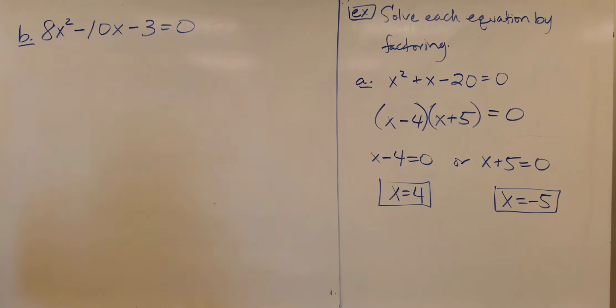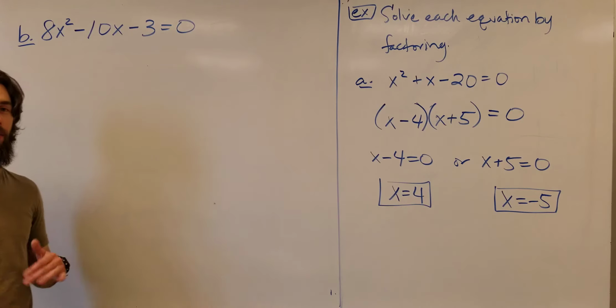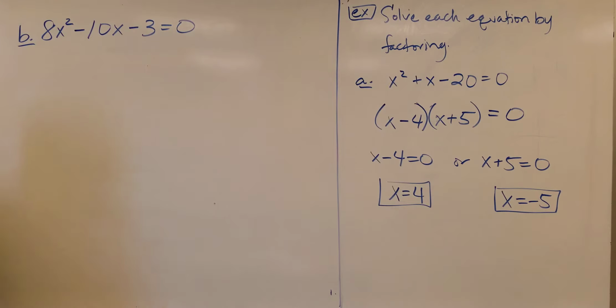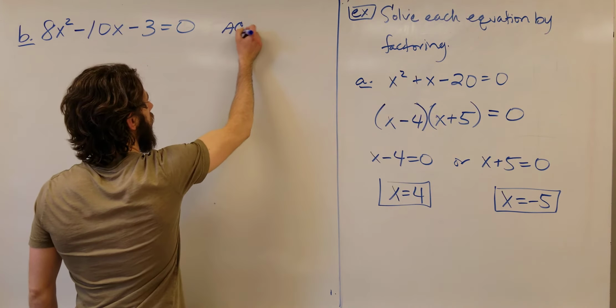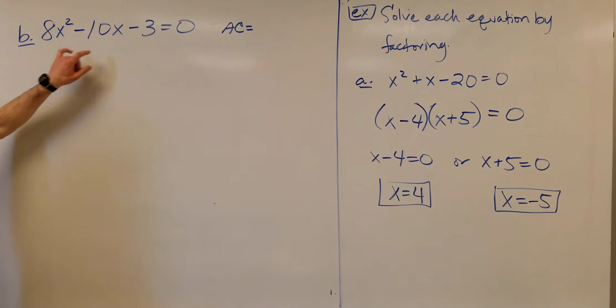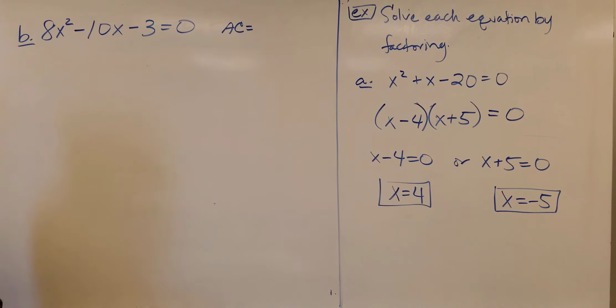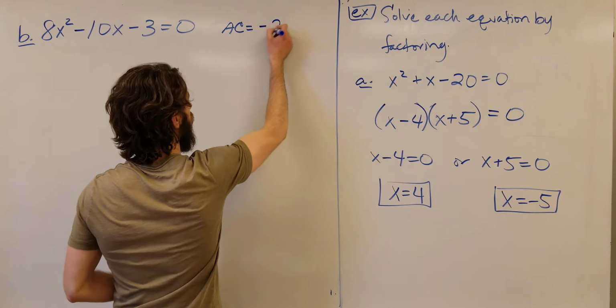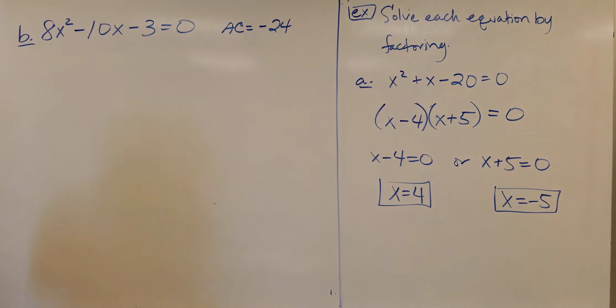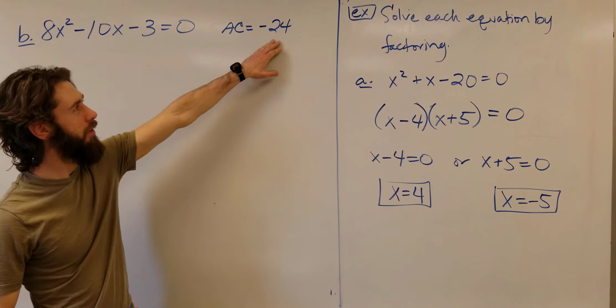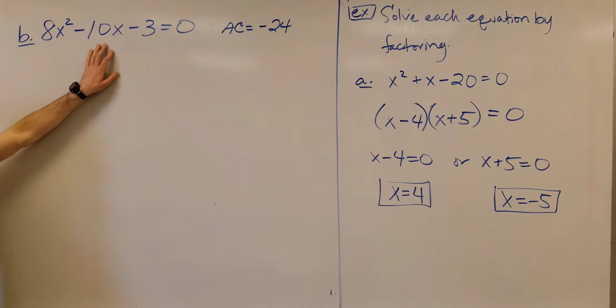All right, so now we have a kind of harder case, but we know how to do this. Fortunately, it's already solved for 0 on the other side. We're probably going to want to use the AC method. So AC equals 8 times negative 3, so negative 24. Now we need the factors of negative 24 that add up to negative 10.